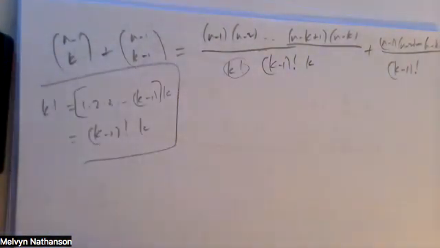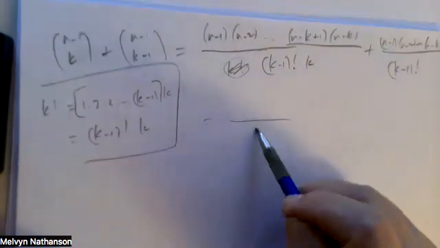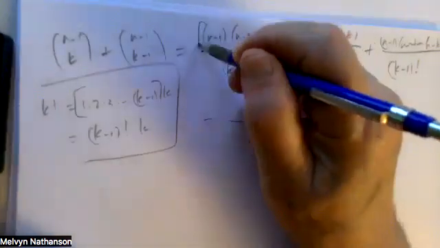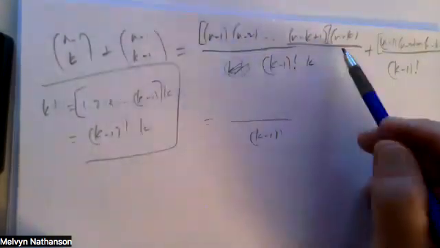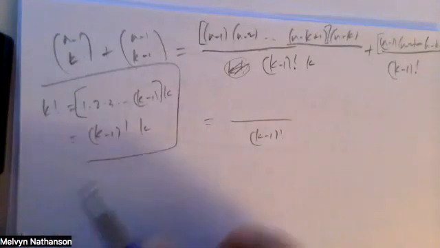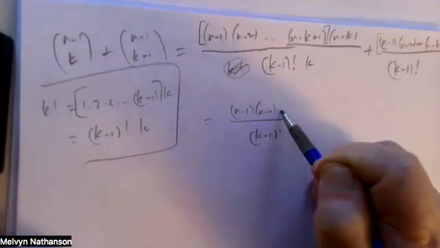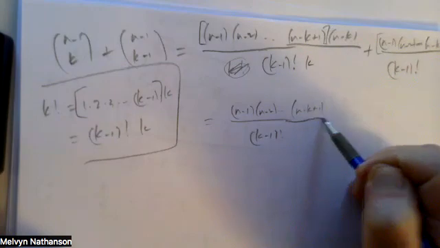So I'm adding these two fractions. And I can factor something out of them. Each of them has a k minus 1 factorial in the denominator. And in the numerator, the first has this times n minus k, and the second has just this. So I could factor out this bit, n minus 1, n minus 2, down to n minus k plus 1.